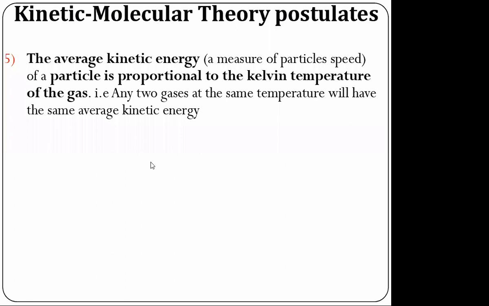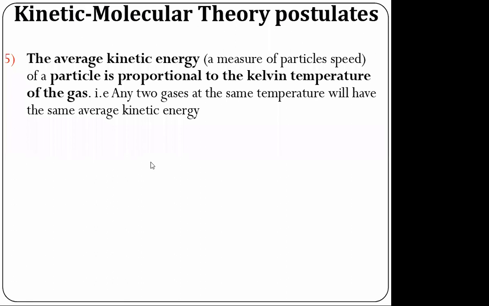Now, the implication is this: when you increase temperature, you increase average kinetic energy. Particles start to move at higher kinetic energy. When you reduce temperature, you reduce the kinetic energy. Particles start to move at a slower rate. So what this implies is that temperature and the average kinetic energy of all the particles put together are directly proportional.